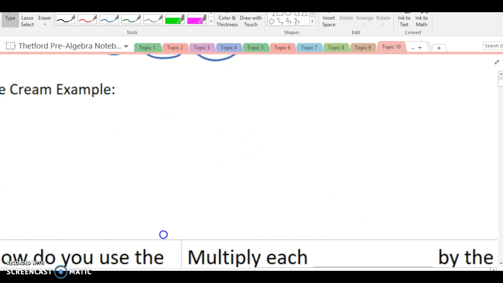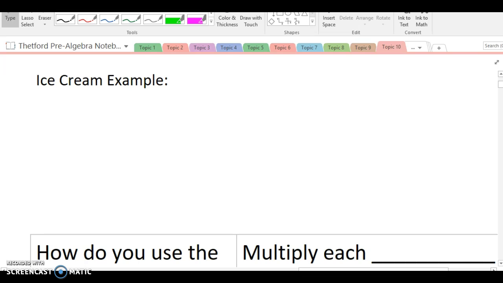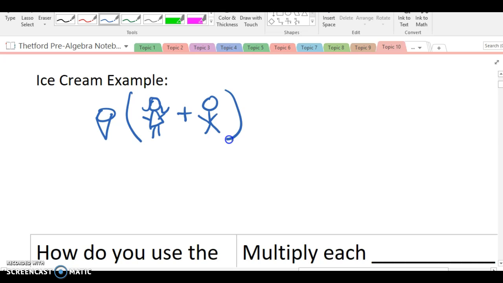So the ice cream example. The ice cream example I really like because I think it helps us remember the key points in the distributive property. And so when I think of the distributive property, I think of going to go get ice cream. So when I go and get ice cream, that's supposed to be me, with my brother, we don't share ice cream. You're not going to share an ice cream cone with your brother. At least I don't.